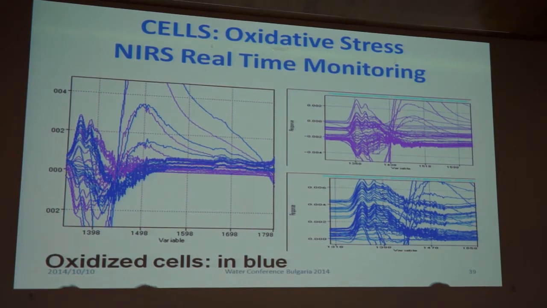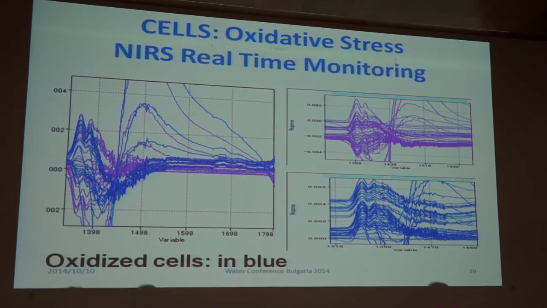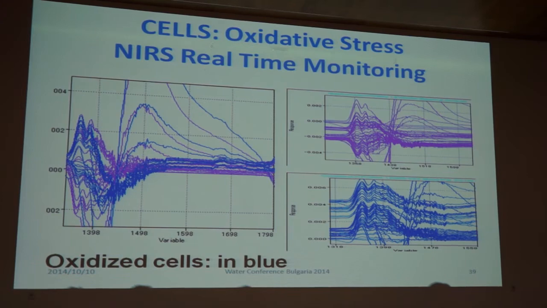1464 nanometers is a specific water band related to proteins, to the interaction between water and protein. It is called working horses. There is a paper on infrared spectroscopy, so we got consistency. We know that this region is called working horses.